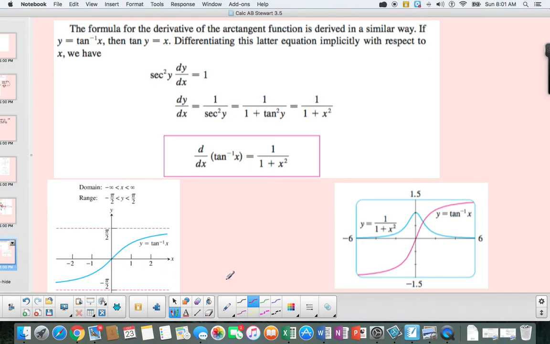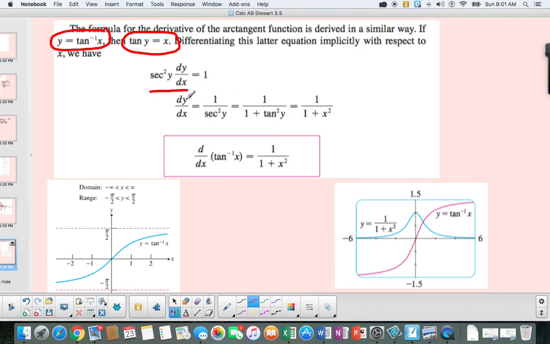Now the same thing can be done for y equal to tan inverse. What we're going to do is rewrite it so it doesn't have that inverse symbol. We're going to use implicit differentiation, and we're going to take the derivative of the outer and then times the derivative of the inner, which is going to yield this.